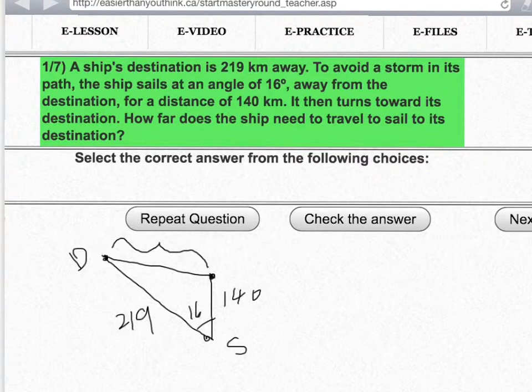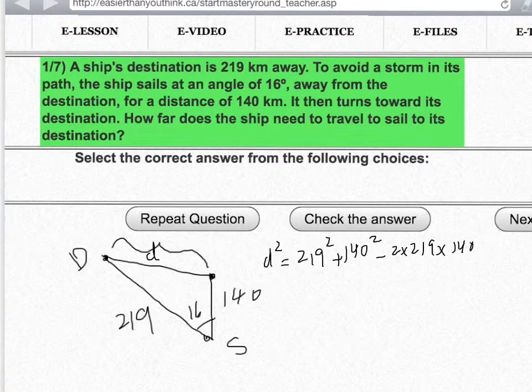Okay, so we said that we can't use sine law because we don't have any angle in front of the sides given, but we can use cosine law because we have two sides and the angle contained between them. So to find, let's say I call this one d, the distance, I can write that d squared is equal to 219 squared plus 140 squared minus 2 times 219 times 140 times cos of the angle between them.